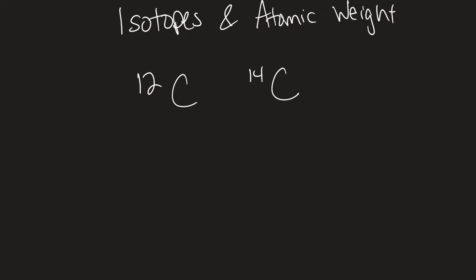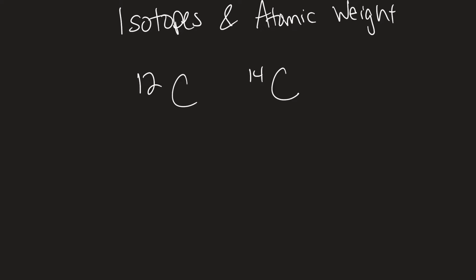Now, because they're both carbons, they have the same atomic number. If you look at the periodic table, you can find the atomic number there. Sometimes it's written on the chemical symbol, but this time around I did not include it, because oftentimes this is the way a chemical symbol is shown: using just the element, the mass number, and if applicable, the charge.